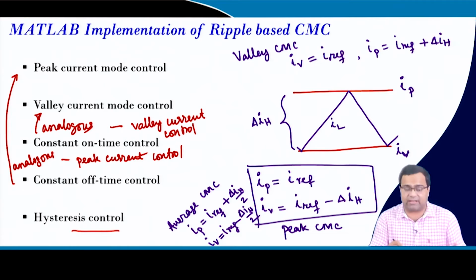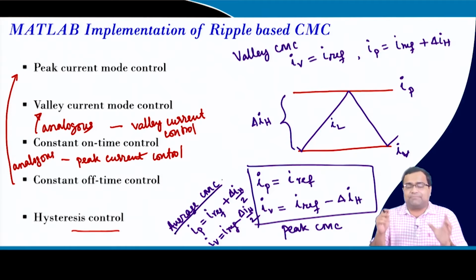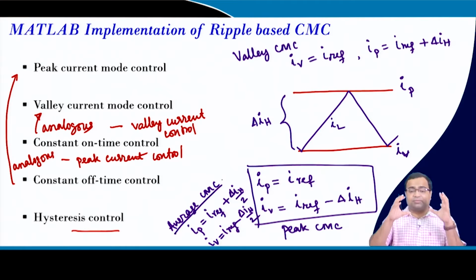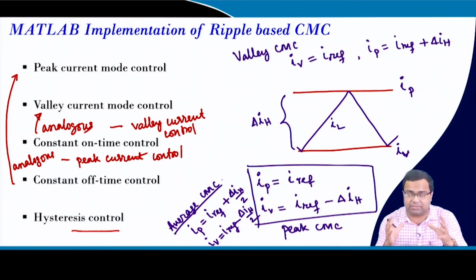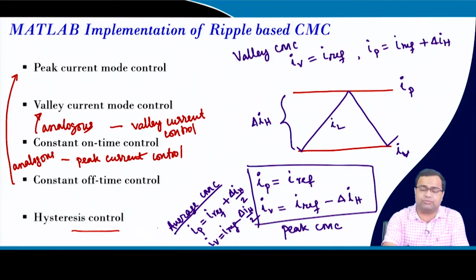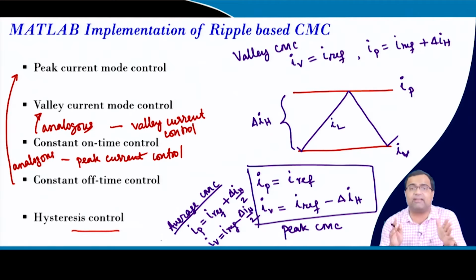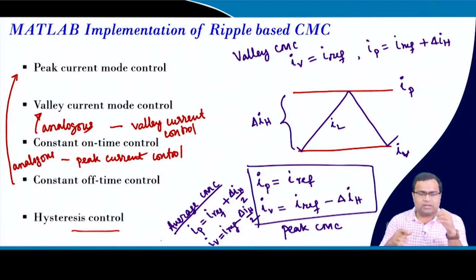So this will implement average current mode control. That means if you use a hysteretic controller, you can implement fast average current mode control simply using this configuration. But we will see this configuration suffers from variable frequency. Sometimes it is not possible, and in fact you need to sense the complete current. We will discuss some of these aspects.